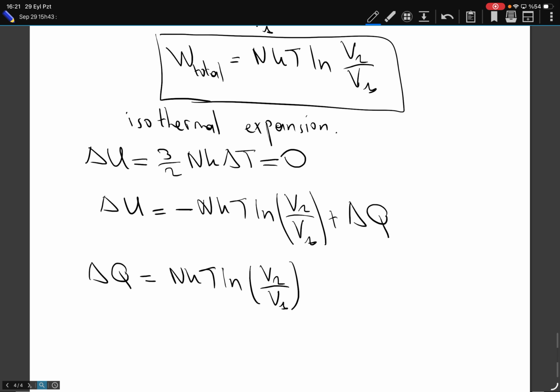But we said that we are looking at an isothermal process. So to make sure that this process is isothermal, we have to give energy to the system so that its internal energy doesn't drop. We are giving energy in such a way that the temperature of the system stays the same. That is how we create the isothermal process.